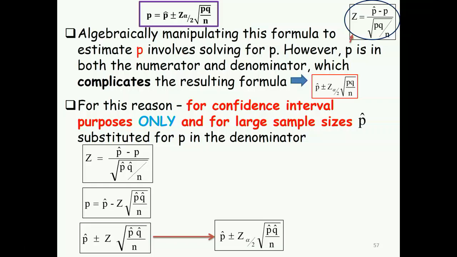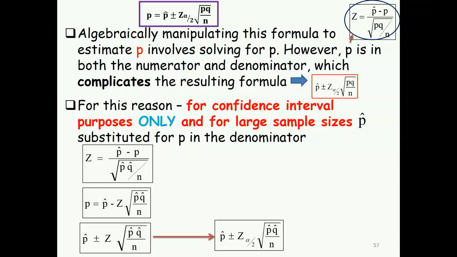Using algebra, manipulating this formula to estimate P involves solving for P. However, P is in the numerator and the denominator. So it is difficult to calculate because you want P, but at the same time you don't know P.